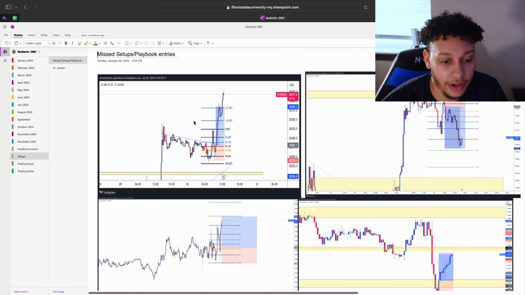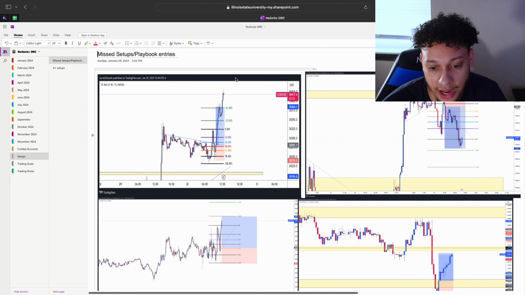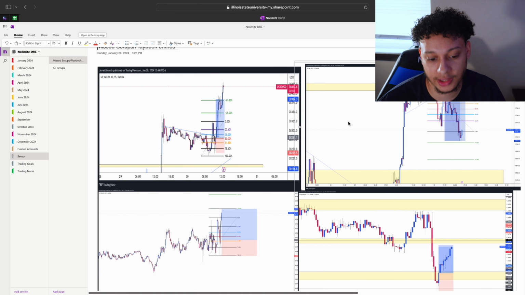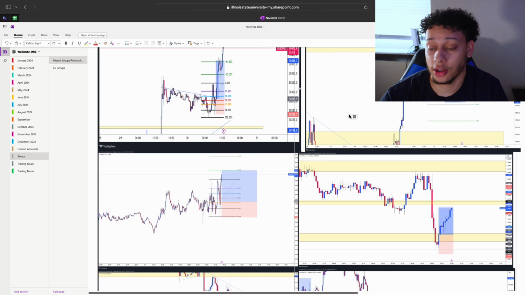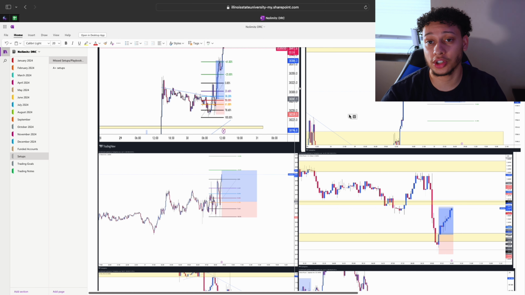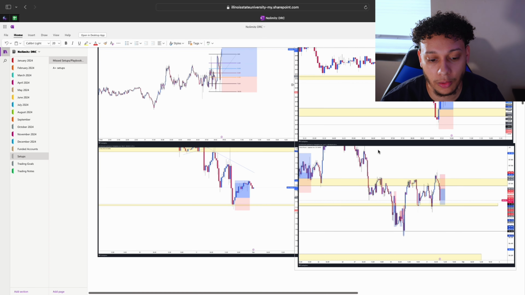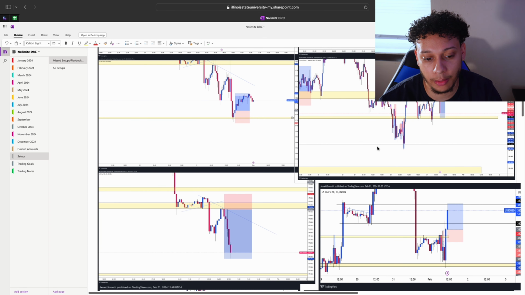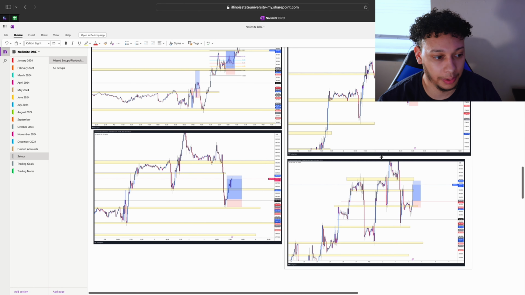So over here, you can see I just do a screenshot or add the screenshot to all the trades that I missed. But next time I'm in the market and I see this setup again, I won't hesitate to take it. So it's just a mental exercise. And I like to look at all of my missed trades that would have been winning trades, right? All of the setups that are in my playbook.